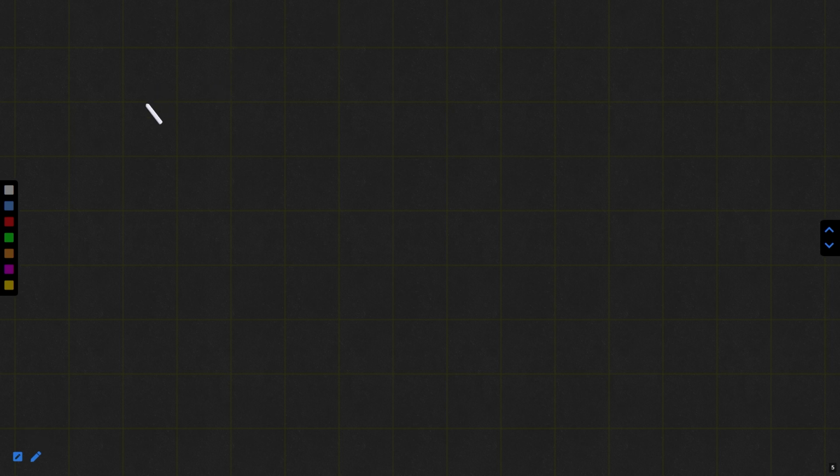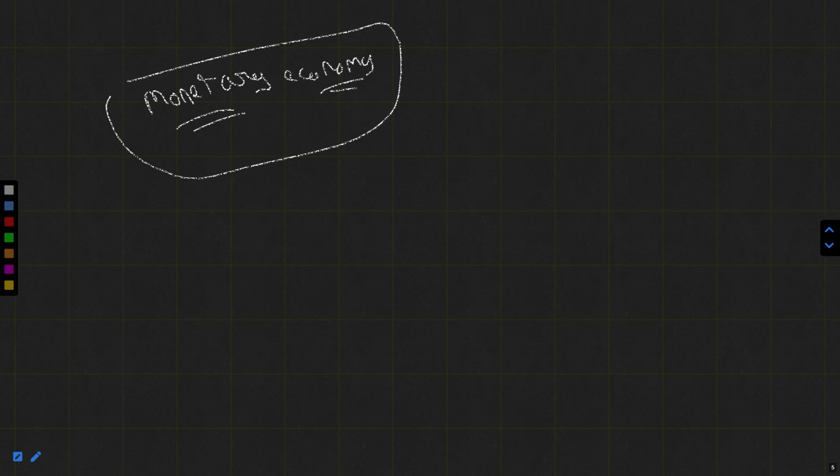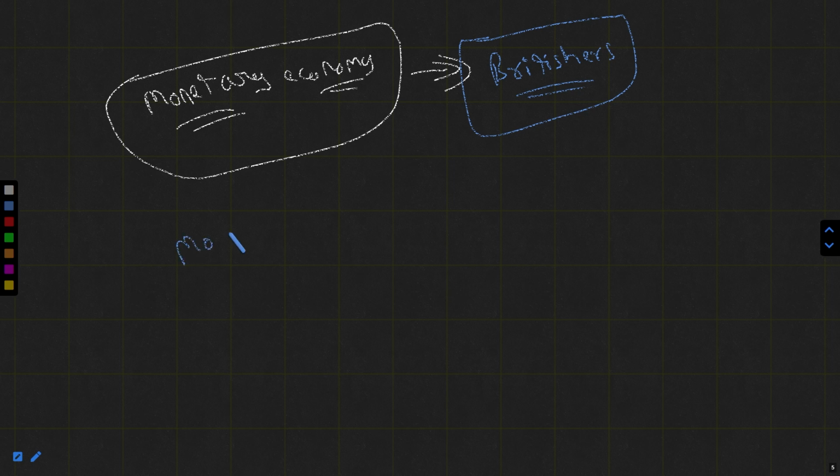If we talk about the monetary economy, we know that it was brought to India by the Britishers. They are the ones who started banking functions in a proper form, in the modern sense.